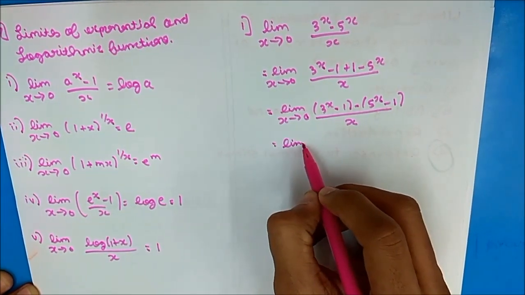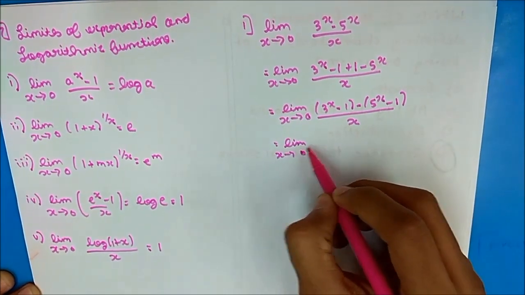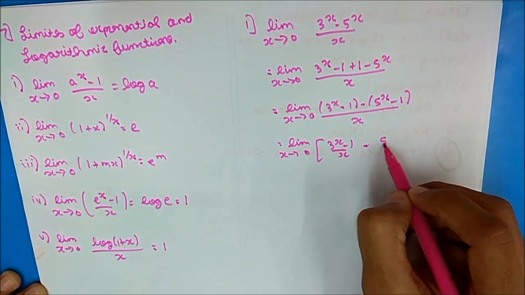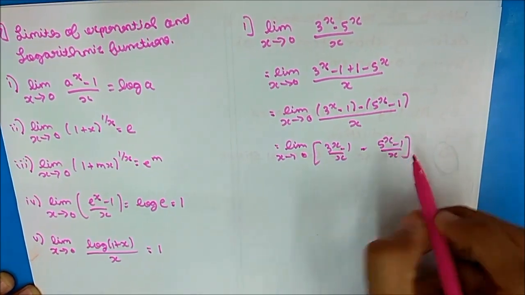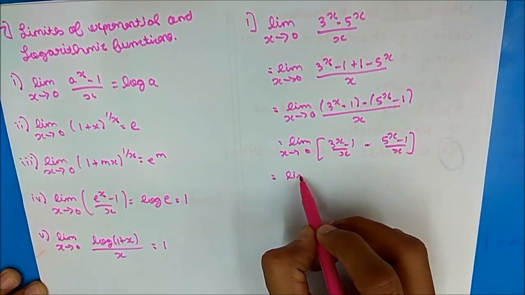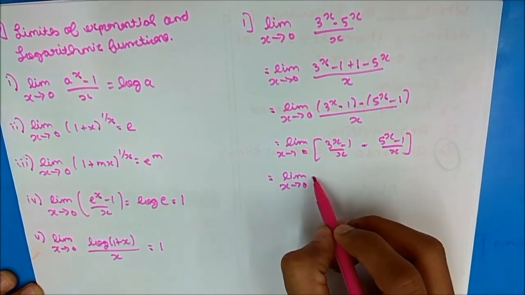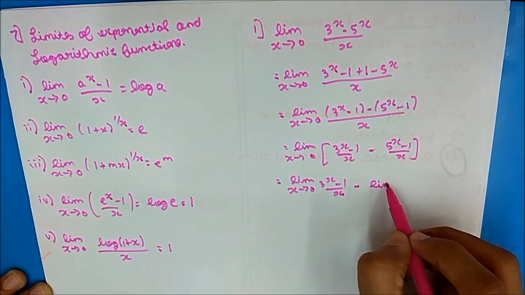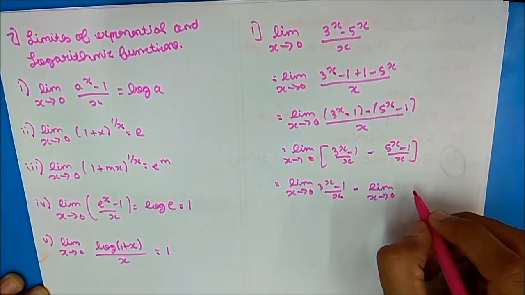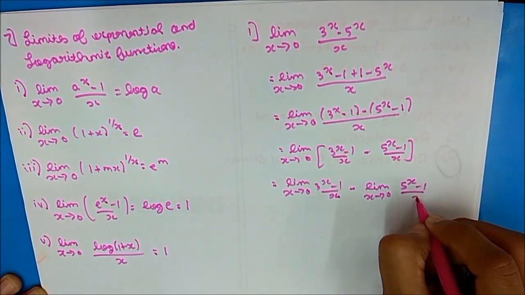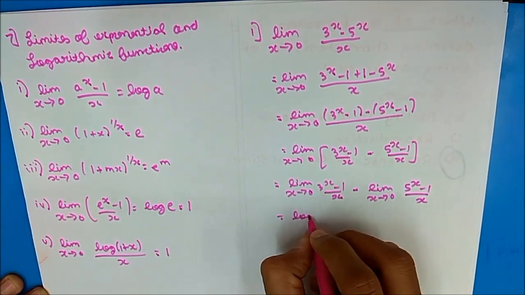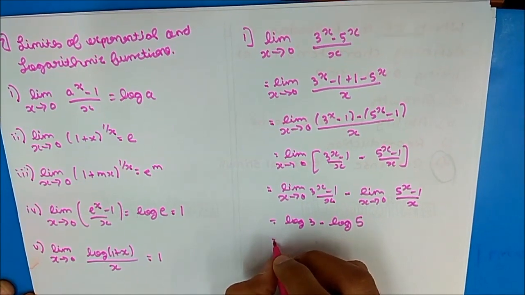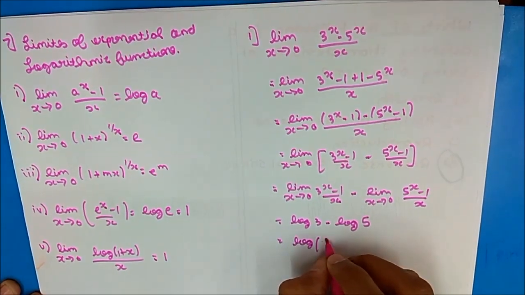That is limit x tends to 0 of 3 raised to x minus 1 upon x minus 5 raised to x minus 1 upon x, that is limit x tends to 0 of 3 raised to x minus 1 upon x minus limit x tends to 0 of 5 raised to x minus 1 upon x. That is logarithm of 3 minus logarithm of 5, that is logarithm of 3 by 5.